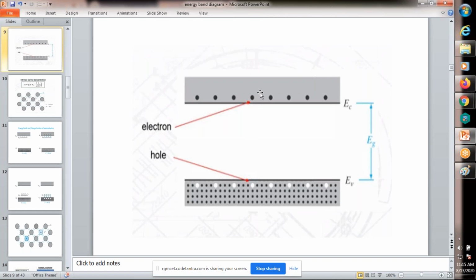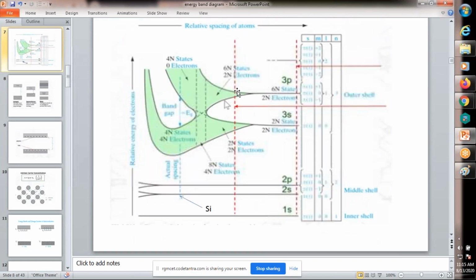Coming to the conduction band, energy states are available. Once an electron jumps into the conduction band, the energy states are available here, right? In the first diagram, how many states are there? 4n states, 0 electrons, where n is the number of atoms.